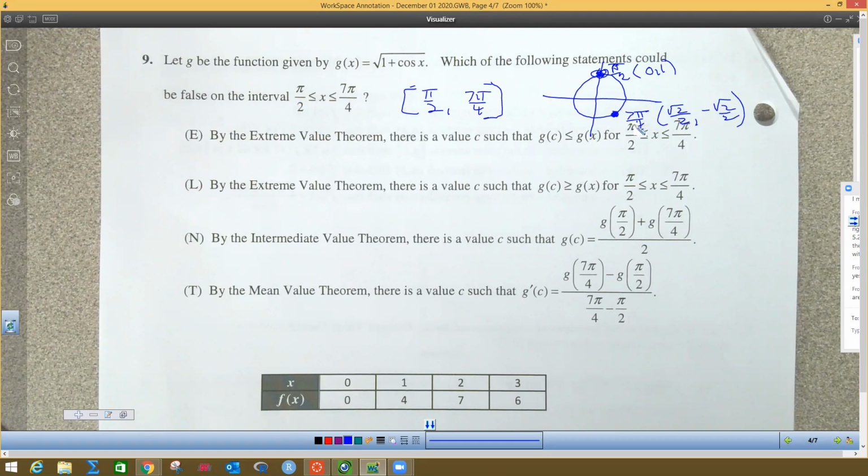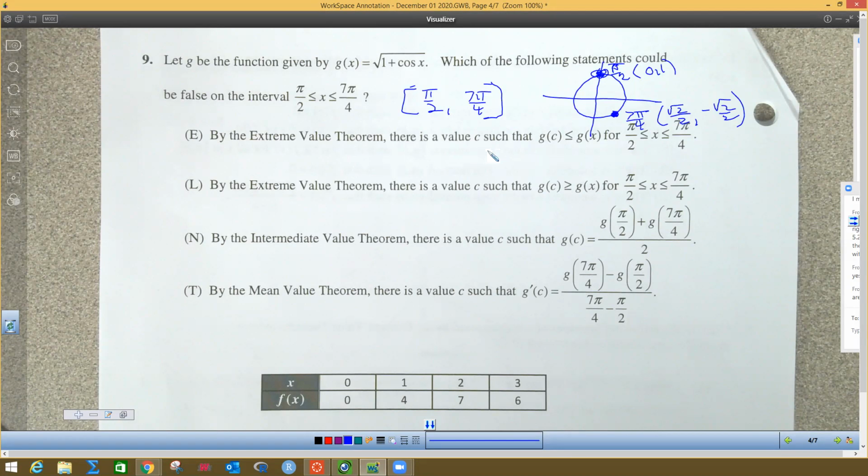What I want to find out first, by the extreme value theorem, is whether we are guaranteed that there is some value less than g of x on this interval.